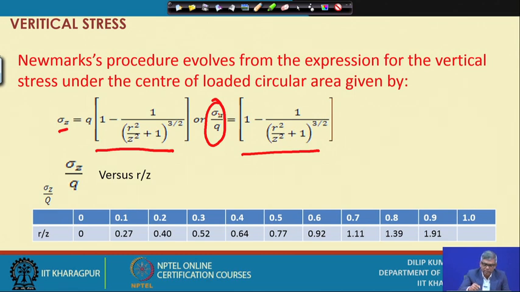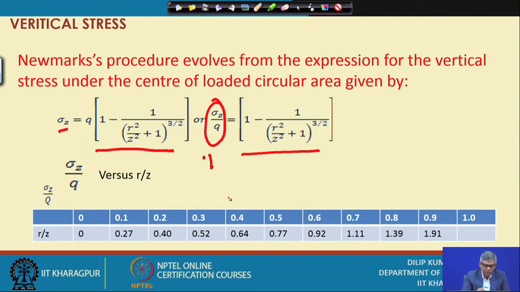So, if I consider 0.1, it is nothing but 10% of the surface loading. For that, what should be R by Z? By putting 0.1 here, I can solve this equation for R by Z.